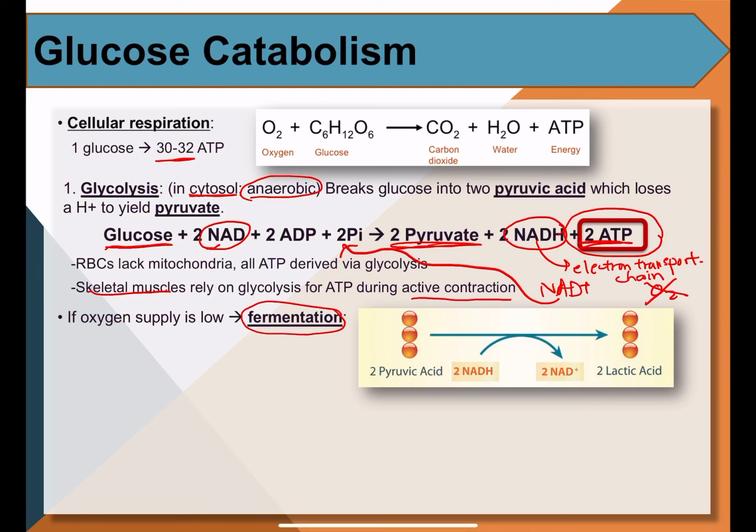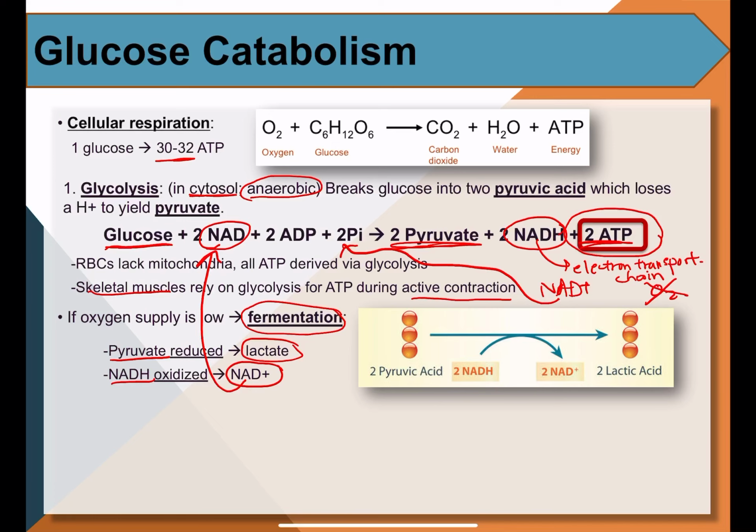All right, so fermentation will reduce your pyruvate into some form of lactic acid or lactate, which will also oxidize your NADH back to NAD+, so you can go back here to do more glycolysis.